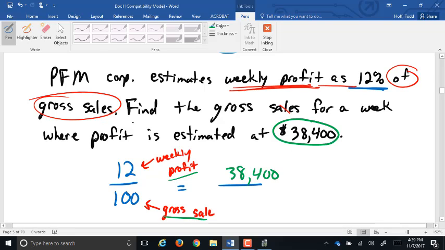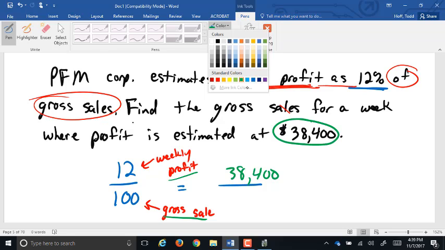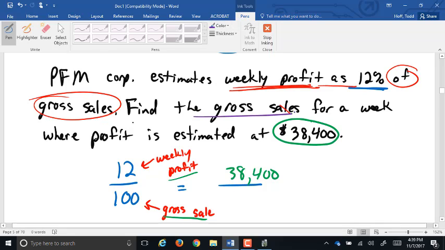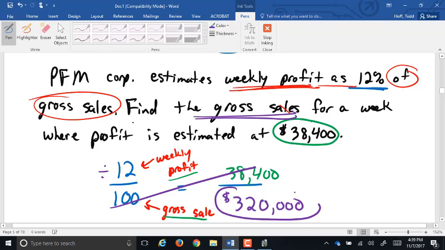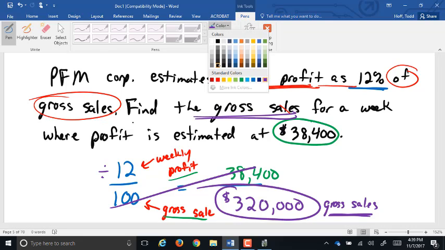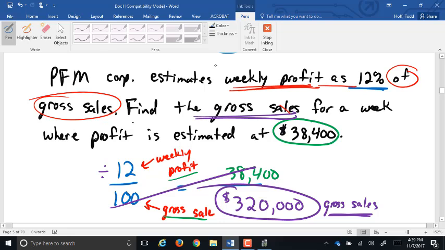So now we find our gross sales by cross multiplying: 100 times 38,400 divided by 12 is what, 320,000? Does that look right? So that is our gross sales. So setting it up in that proportion and then making sure everything matches up helps us keep track of where things should go.